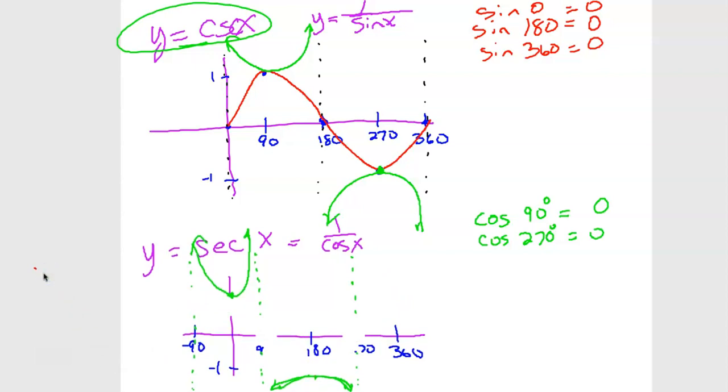The secant function would look like that. It's just a bunch of parabolas inside of those asymptotes. The same thing up here. You would just be graphing the parabolas inside. So that's how you graph the other 4 functions. Again, it's all based on the unit circle.